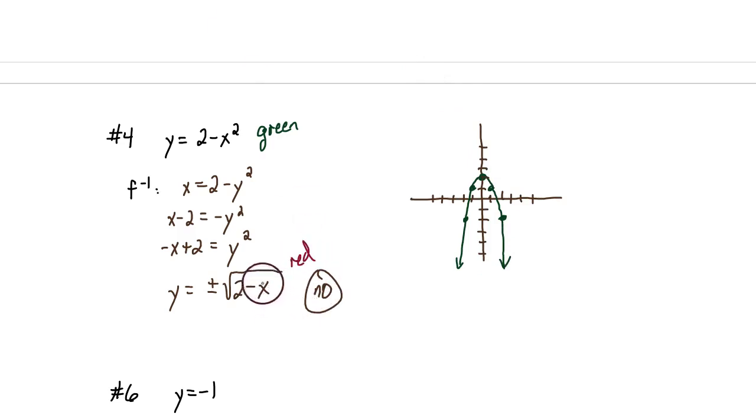When x is 2, y turns out to be 0. When x is 1, y is positive 1 or negative 1. When x is negative 2, 2 minus negative 2 makes 4, and the square root of 4 makes 2, and we have plus or minus that. Here is a sideways opening parabola in red ink.